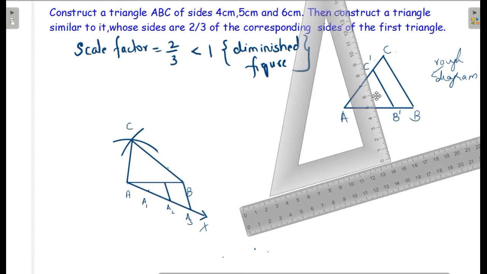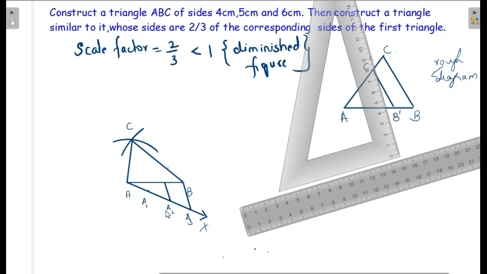Now mark this point as, because this is B, this will be B dash. So what did we do? We have drawn a line parallel to A3B from A2. Why? Because the numerator is 2.